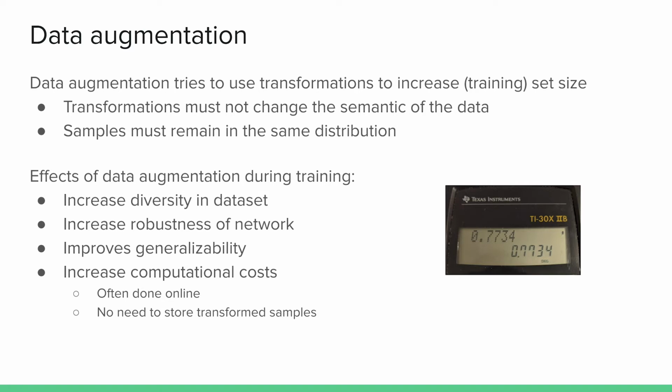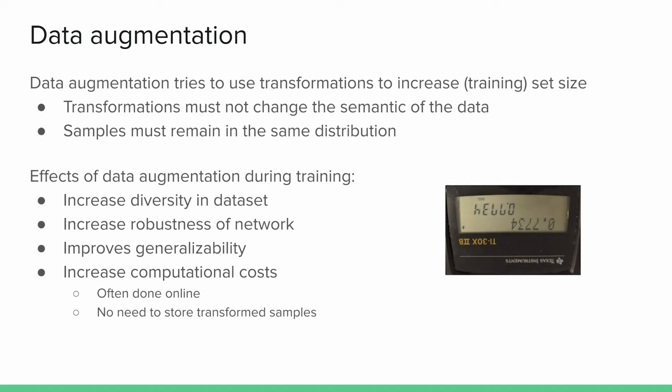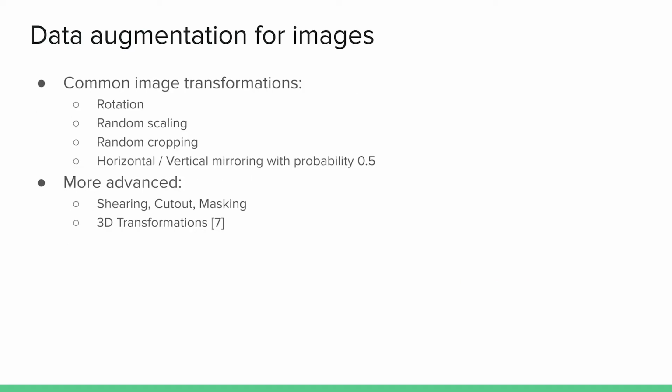But when you are working with text, a B then could look like a D. Or if you perform vertical mirroring, you would get something that says something completely different. So make sure that whatever transformations you apply as data augmentation do not alter the semantics in your particular data set.